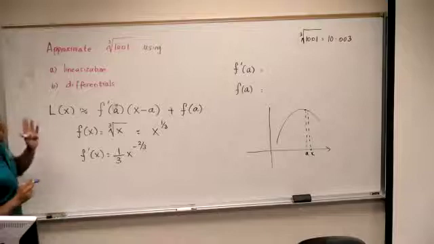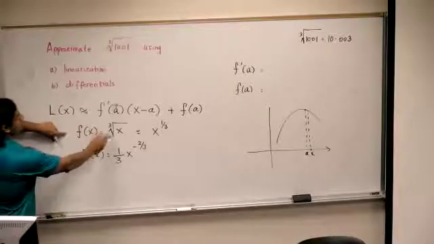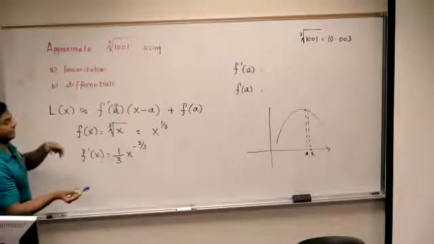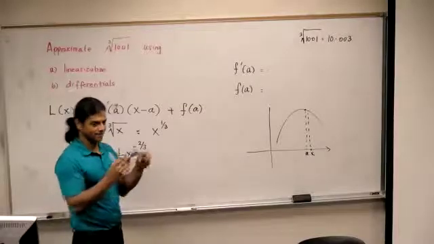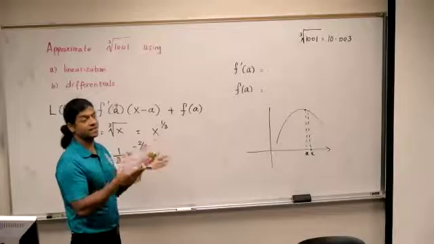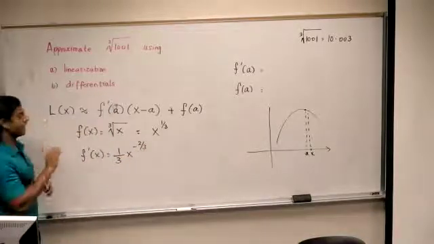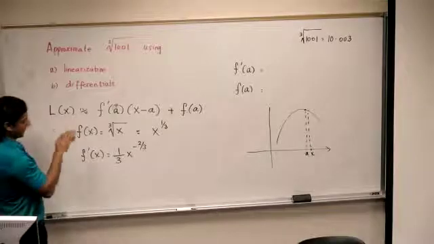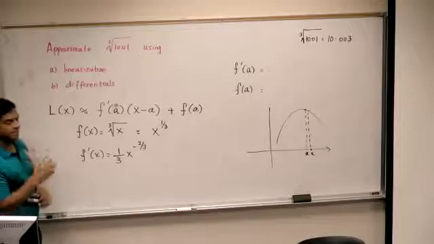So the purpose here in using the third root of x is that finding the third root of 1000 is easier than finding the third root of 1001. Yes, because 1000 is a perfect cube. So if I pick a number for x or a, what should that number be?